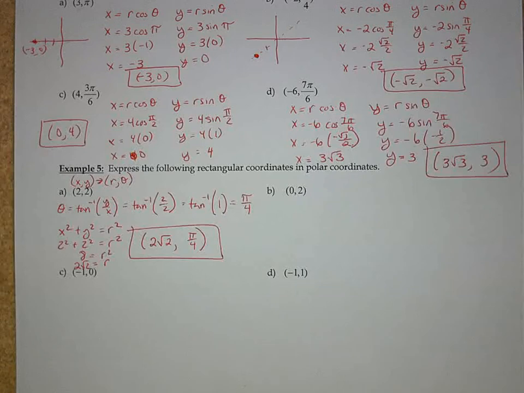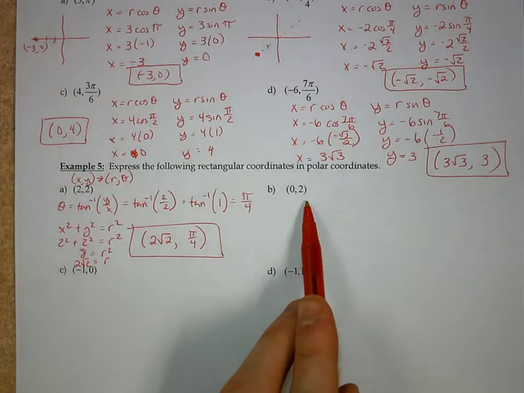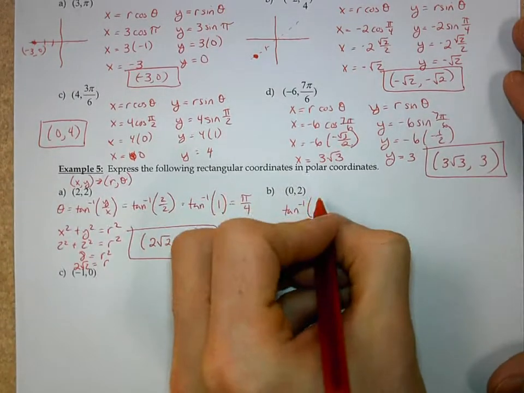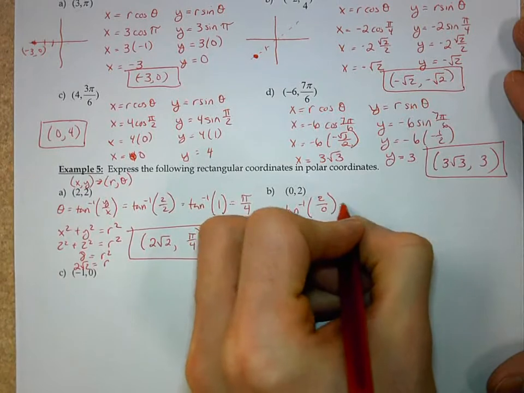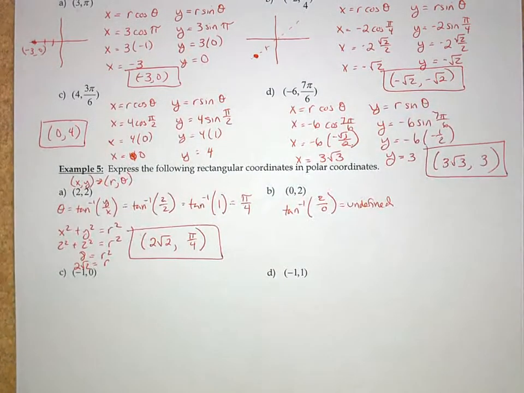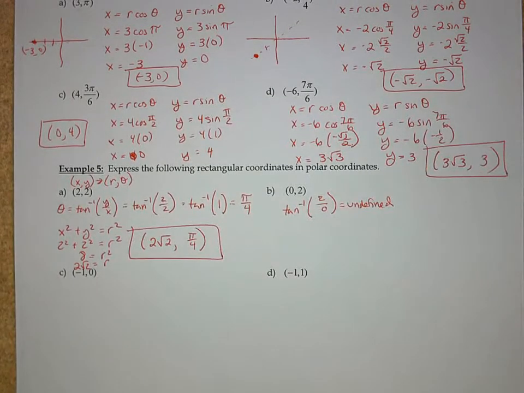The second one we're going to have to use a little bit of analysis. We've got the point 0, 2. And if I try and use my tangent inverse of y over x, I can see I'm undefined. And there are two places that the tangent inverse is undefined.